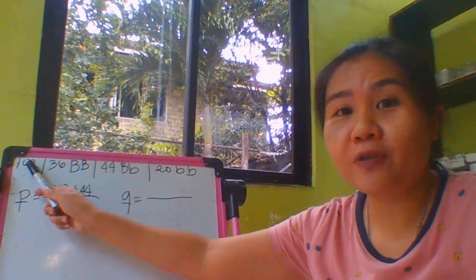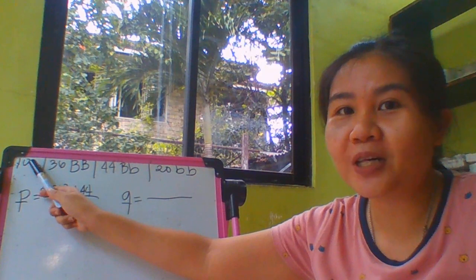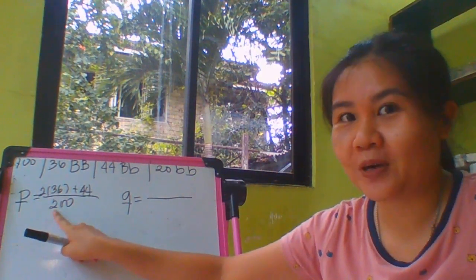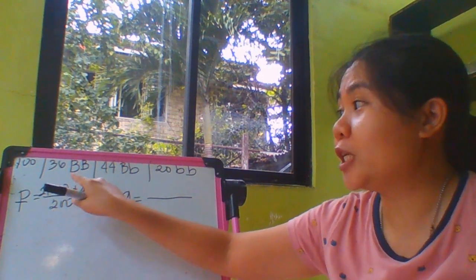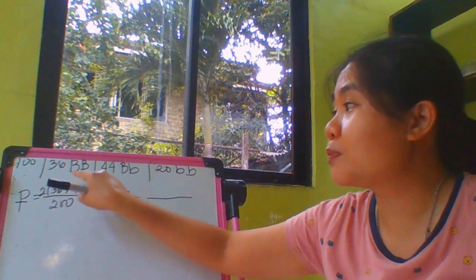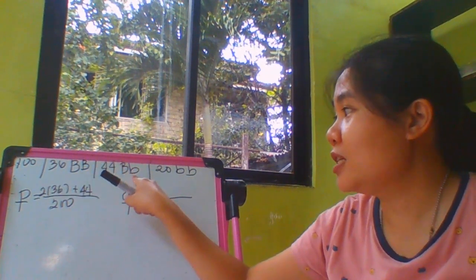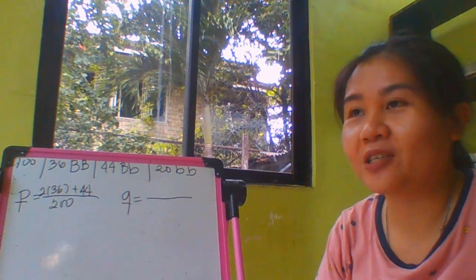There may be 100 individuals, however, each individual carries 2 sets of genes. Thus, it becomes 200. Because this time around, we will be counting how many individuals possess this gene, and this gene, the dominant and the recessive traits.